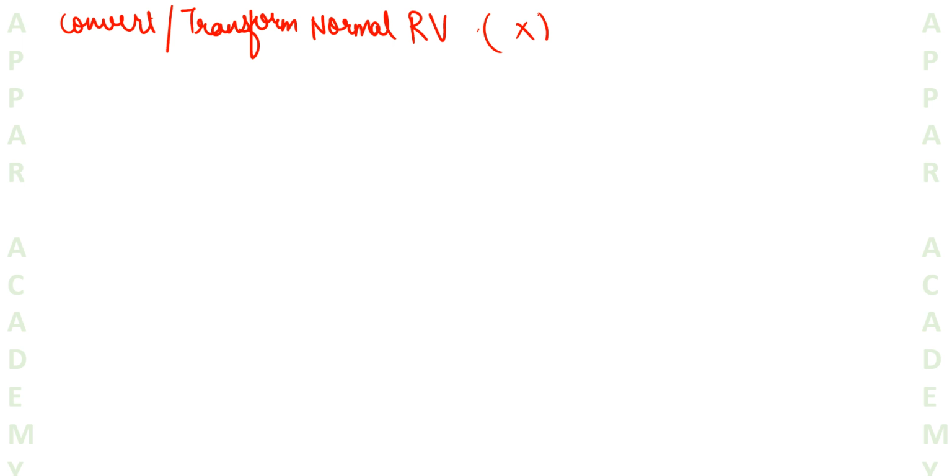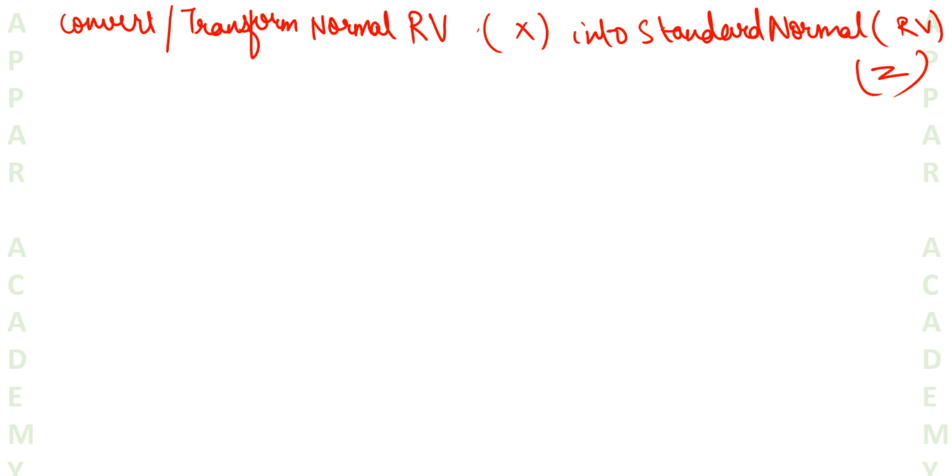So in short, let's just write it down, we will simply convert or transform a normal random variable, let's suppose that is x, into a standard normal random variable, that is z.